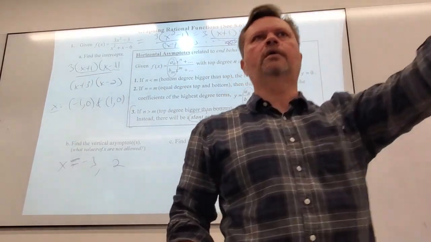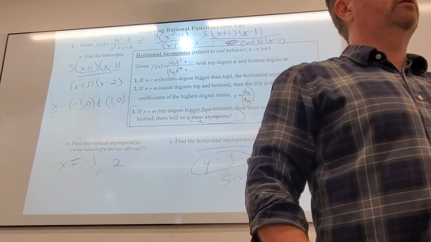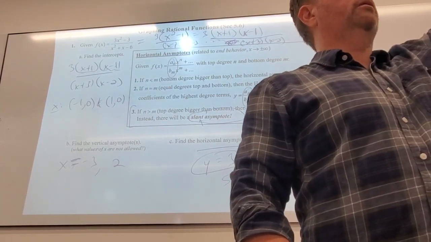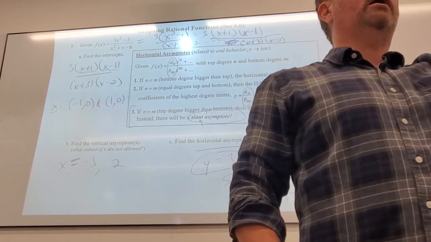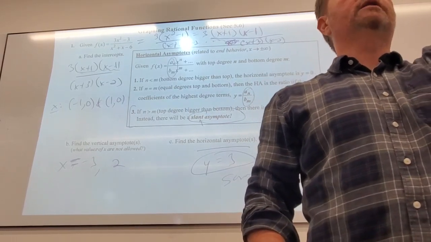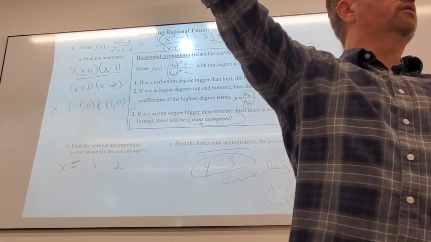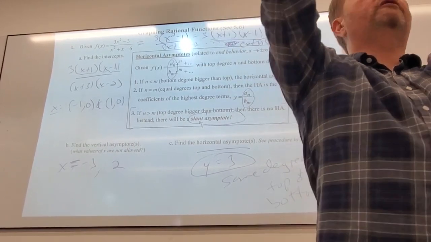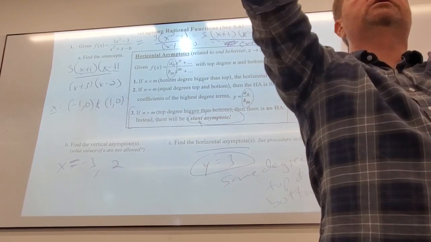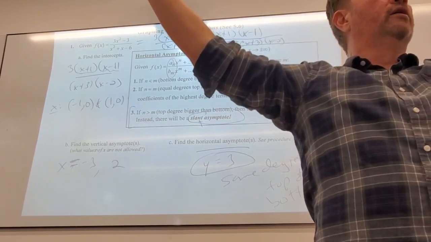It's the only way a fraction can be 0: if the top is 0. So when I look at the top, I've already factored it. I could just see exactly what makes it 0. Negative 1 and 1, yes? That's why the very first thing you do with this, if it's not already factored, is you factor everything.